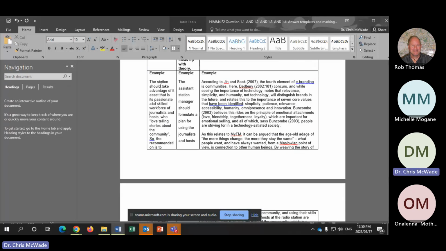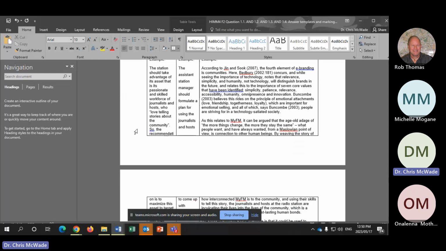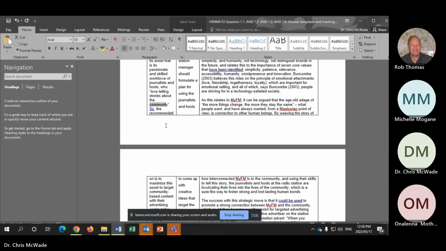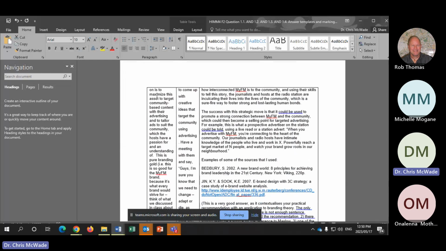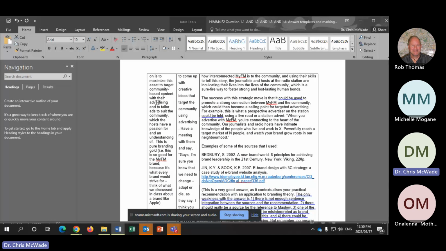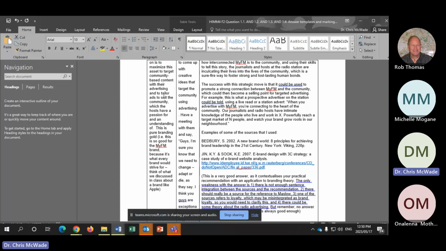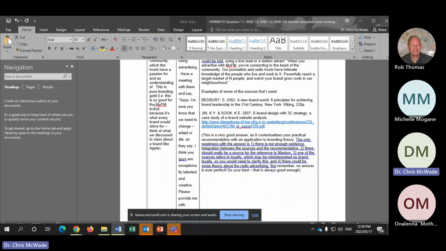The recommendation in the example is the station should take advantage of its asset, that is, its passionate and skilled workforce of journalists and hosts who love telling stories about the community. So the recommendation is to maximize this asset to target community-based content with their advertising and to tailor ads to suit the community, which the hosts have a passion for and an understanding of already. That's the idea. This is pure branding gold.